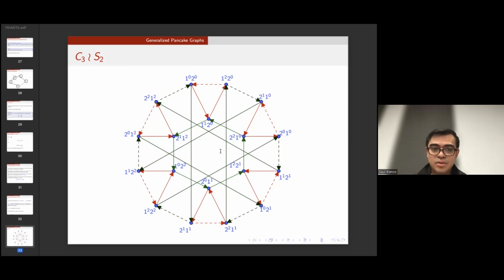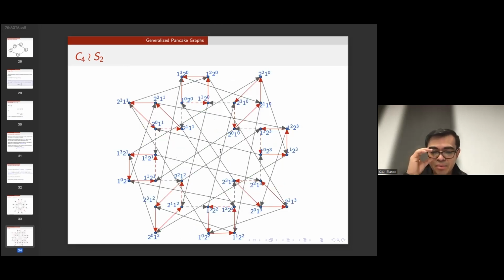And then you can have C4. And again, look how beautiful this graph is. There's a lot of symmetry going on. Similarly, you also will have this hierarchical structure that I mentioned before, where you leave the last pancake fixed. In this case, it will be a pancake and also a sign. For example, this square here is the one where you leave character 2 with sign 3 fixed.